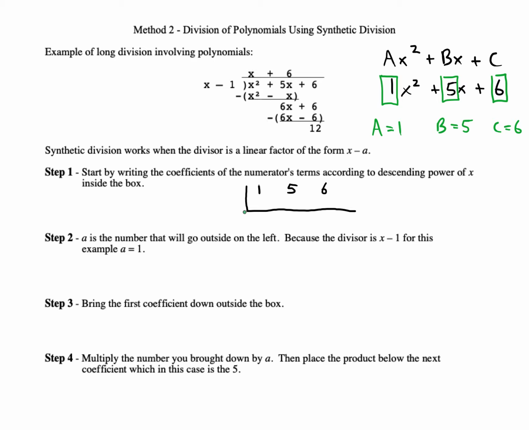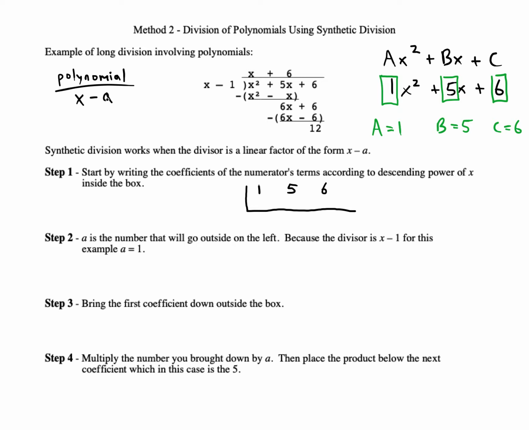And now we have to put something on the outside of our division symbol as well. So the types of problems that we're going to do with this are always going to be in the form of some polynomial being divided by an x minus a term.